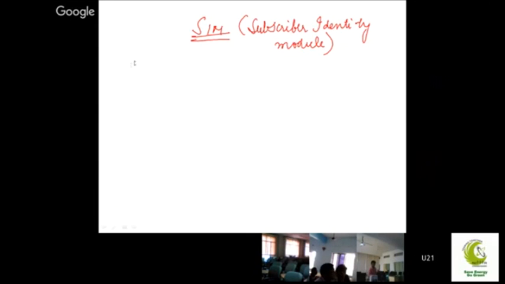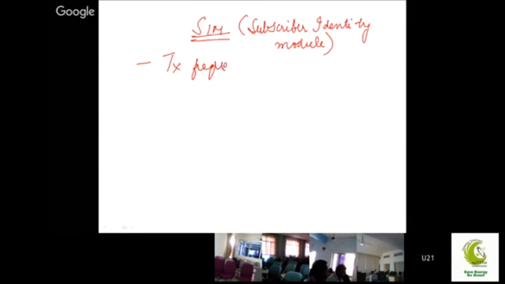Now, the main function of the SIM is that it has a transmitting frequency. Under the SIM, there is a golden colored chip. You all have seen that chip.